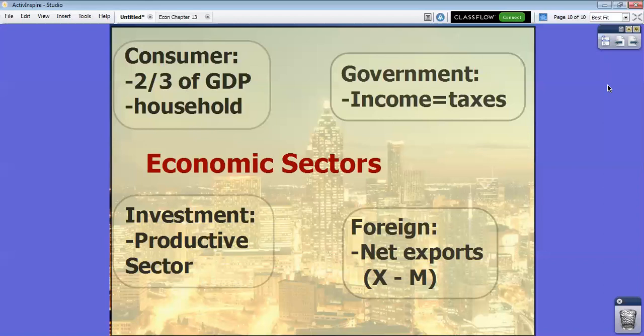Exports are good for our economy. They go into our GDP as a positive number. Those are the goods that are being made in the United States and sold in other countries. Imports are counted in the GDP, but they're subtracted out of our GDP. They go in as a negative. Imports are those things that we are buying from other countries.